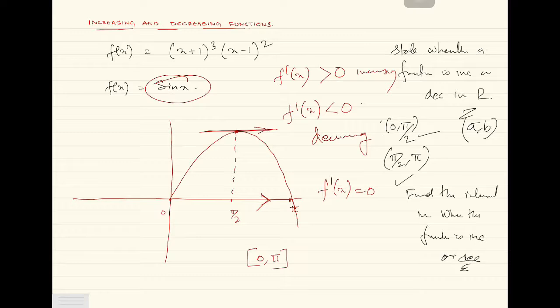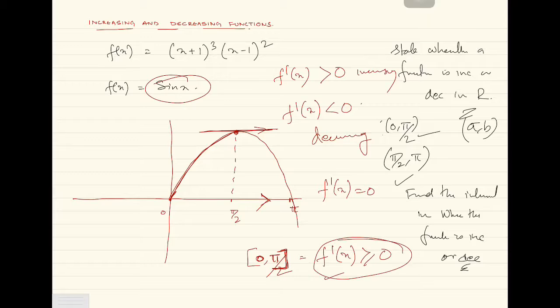The slope of the x-axis is 0, isn't it? Yes. So if I include pi by 2, and the question asks what will happen to the function between 0 to pi by 2, I know it is increasing, but the condition for increasing will be f dash x greater than or equal to 0, because at exactly pi by 2, which is included in this interval, the tangent is parallel to the x-axis, and in that case f dash x will also be equal to 0.